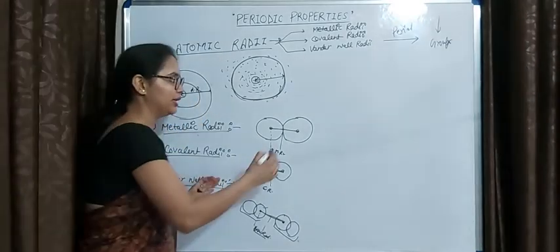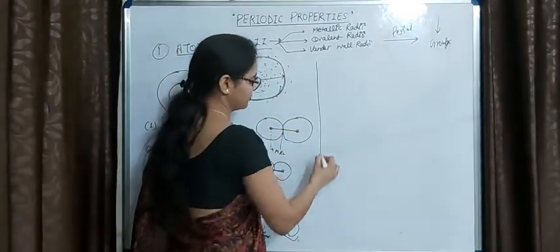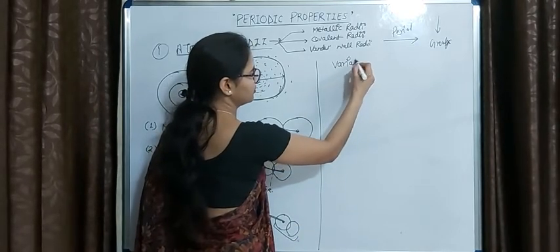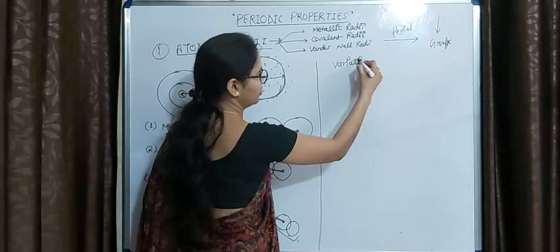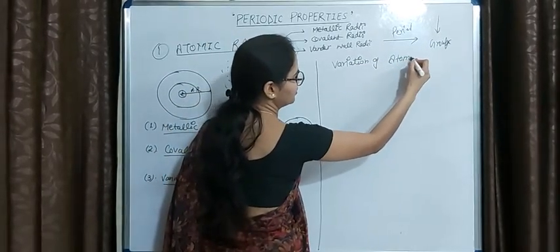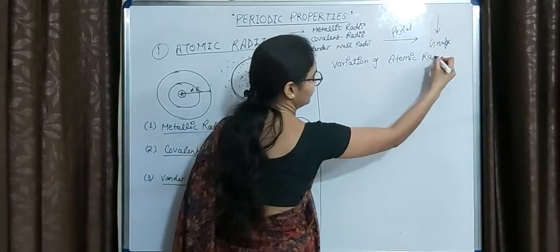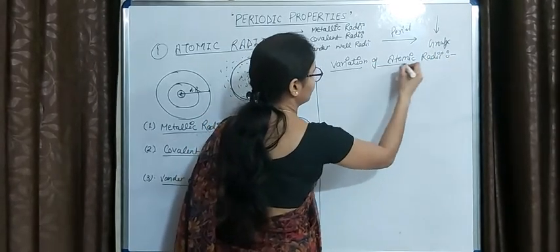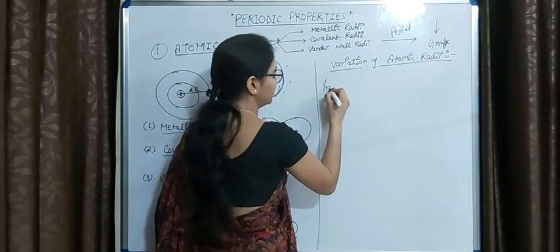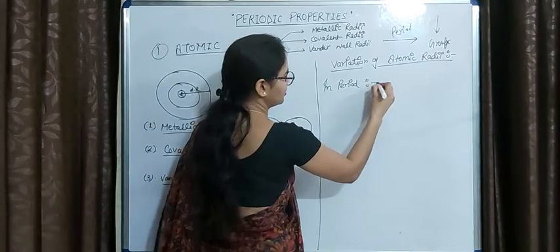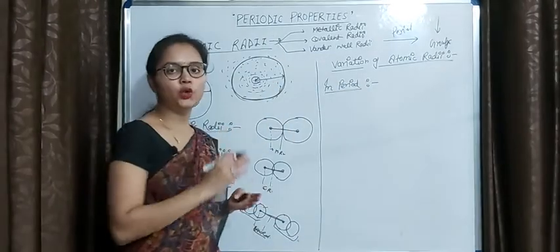Now we'll discuss the variation of atomic radii. First of all, in a period.